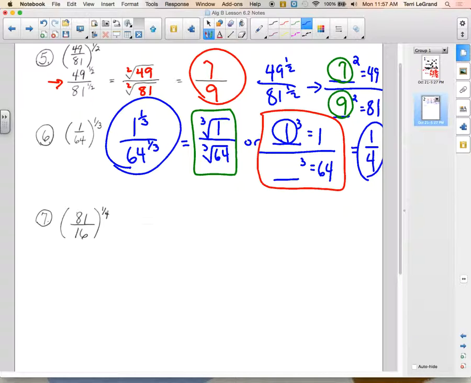I have to say, what times itself 3 times gives me 1, what times itself 3 times gives me 64, and that's how I can come up with it. So we have either the green or the red. Okay, so you have to do this one, and then you have to pick one of these to show as your step of work before you get your final answer. Okay, anybody got questions?